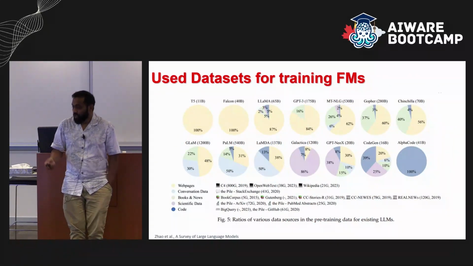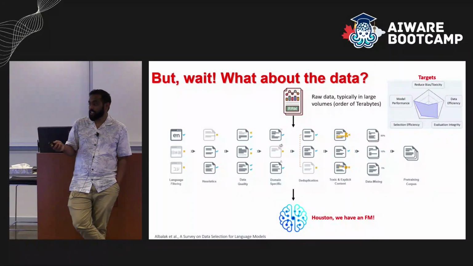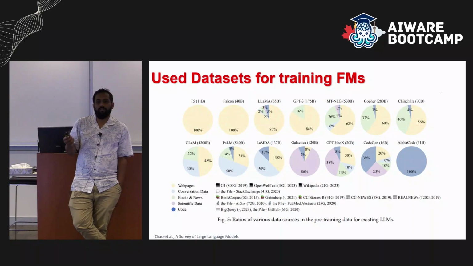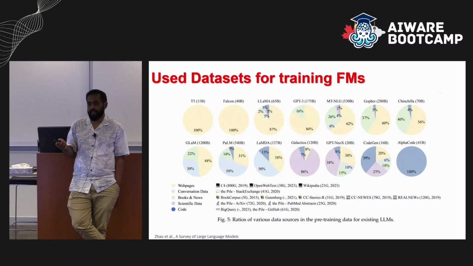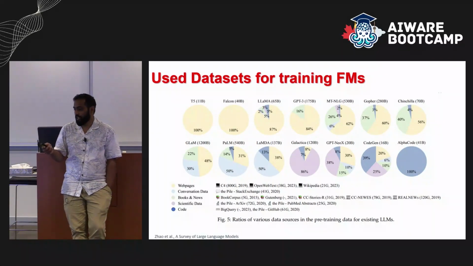When I say large amounts of data, it's usually so much data. The recent openly available pre-training data corpus was about 45 terabytes, the Pile dataset, I think. And this slide shows the different combinations of data used in different pre-trained FM models.